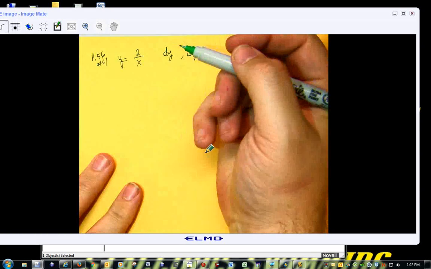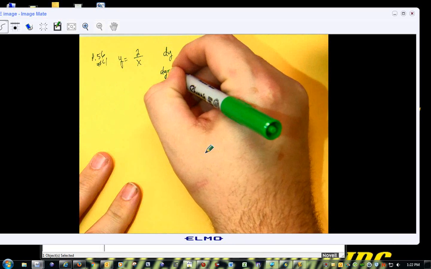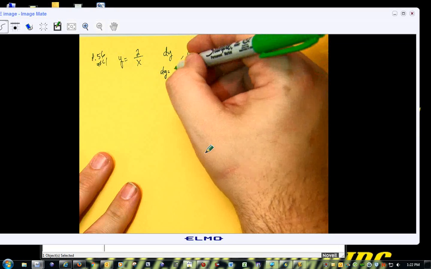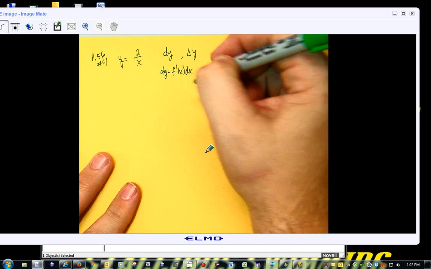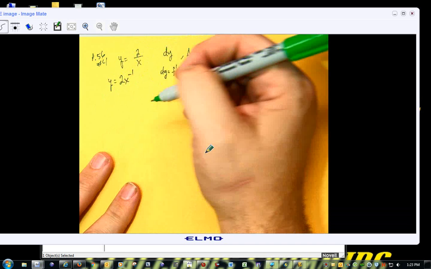Alright, so dy is equal to f prime of x times dx. So I'm going to rewrite y as 2 times x to the negative 1 power.